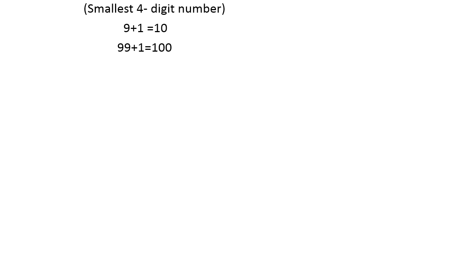In the same way beta, when we add 1 to the greatest 3-digit number, we will get the smallest 4-digit number.